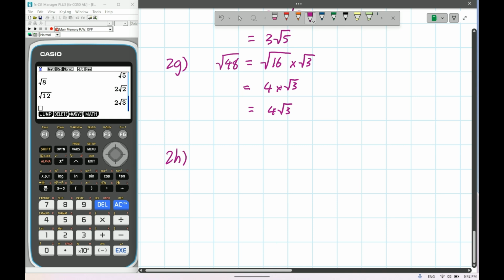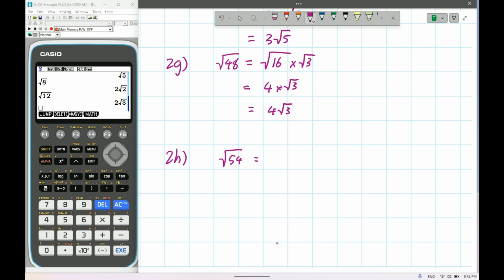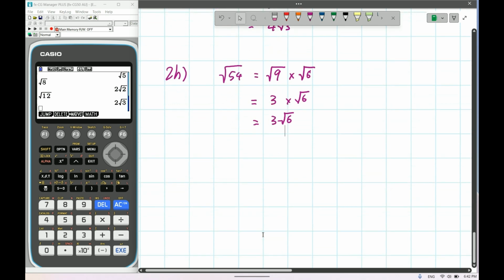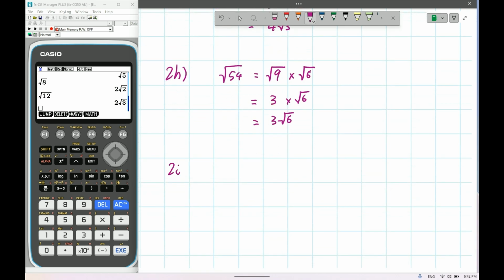2h, square root 54 is equal to, okay, let me just have a quick think. Yep, so it should be square root 9 times root 6, I think. So this will become 3 times root 6 to make 3 root 6. Cool. 2i, root 50.